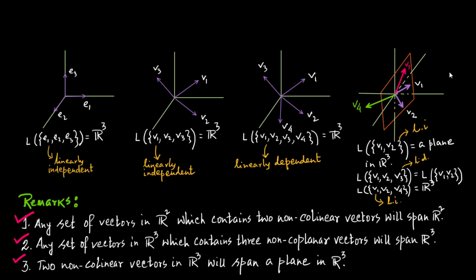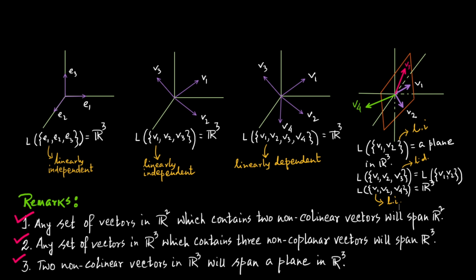So if we summarize our observation, linear dependence is a generalization of collinearity or coplanarity. Means if your vectors are linearly dependent, you can see that the vectors are coplanar.